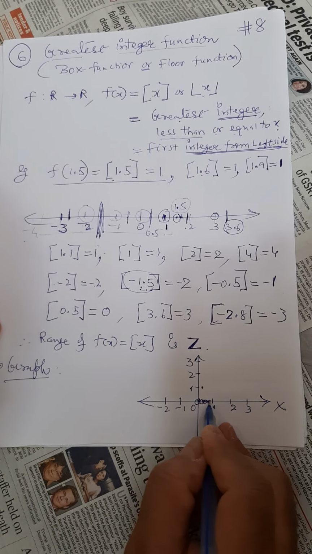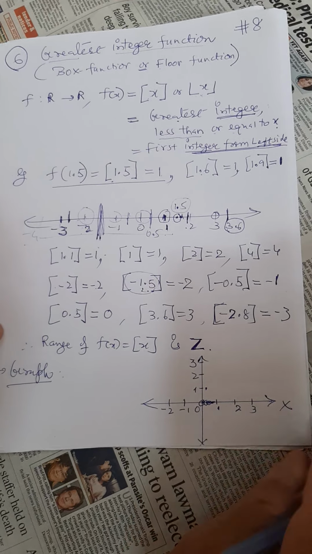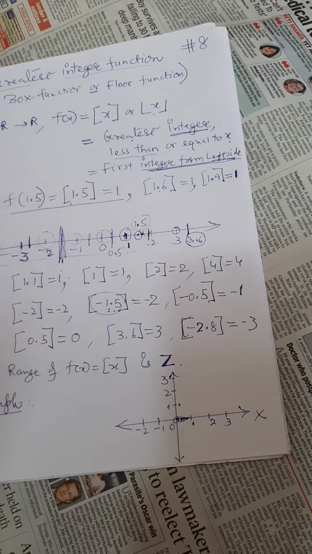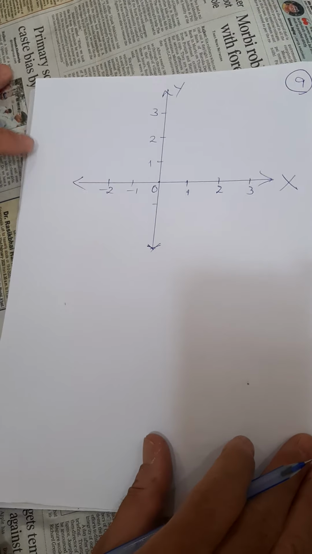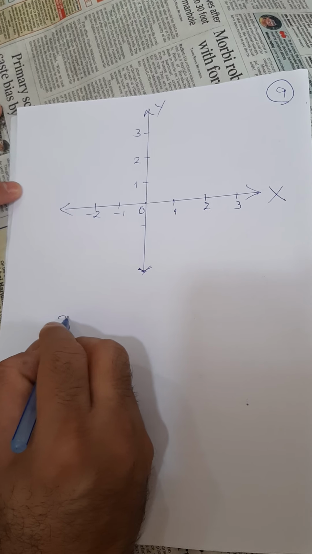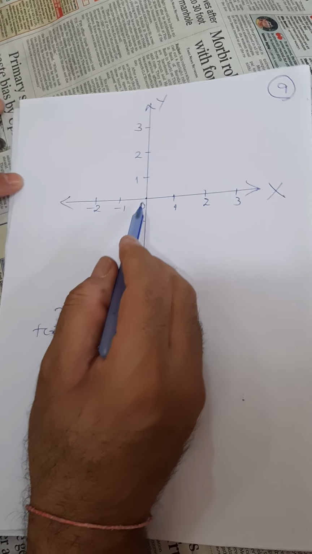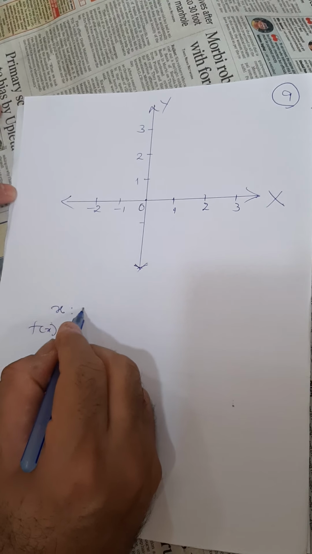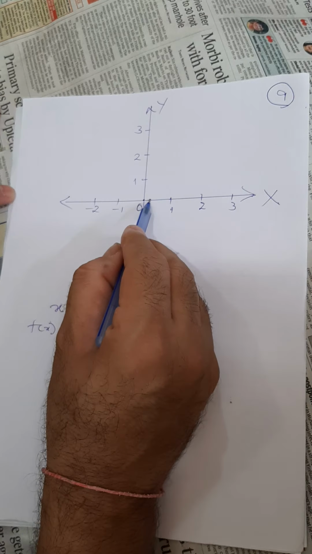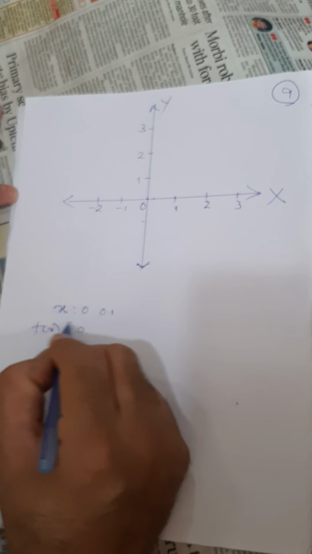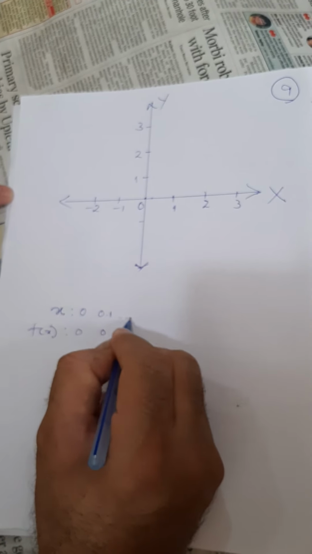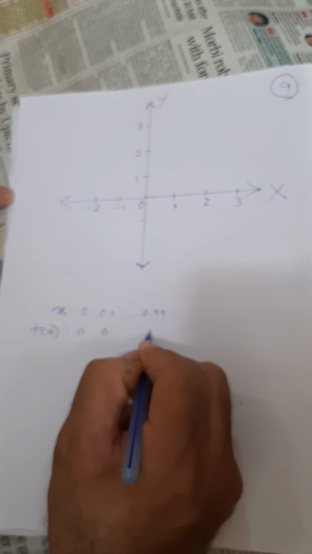And so on. Just 1 minute, let me draw on another page. So here, suppose I take x and f(x). If I choose 0, then it will be 0. If I take 0.1, then you know box of 0.1 is 0, and so on till 0.999 it is 0.